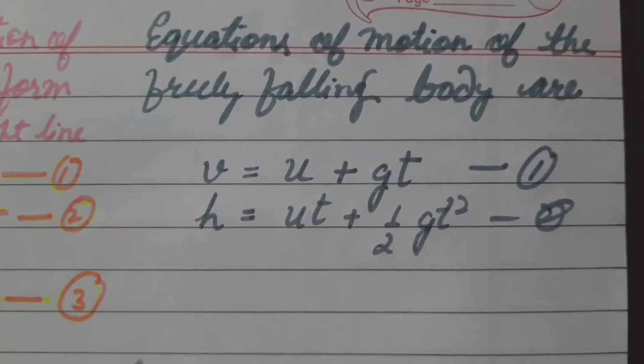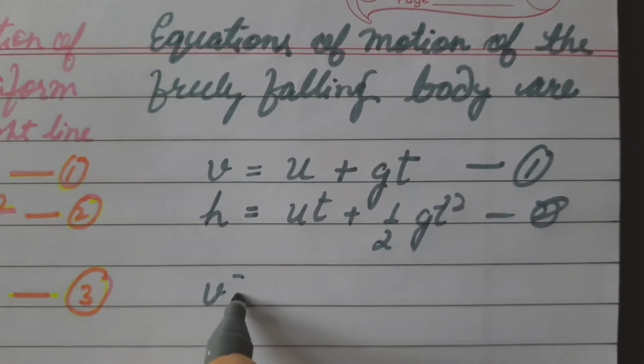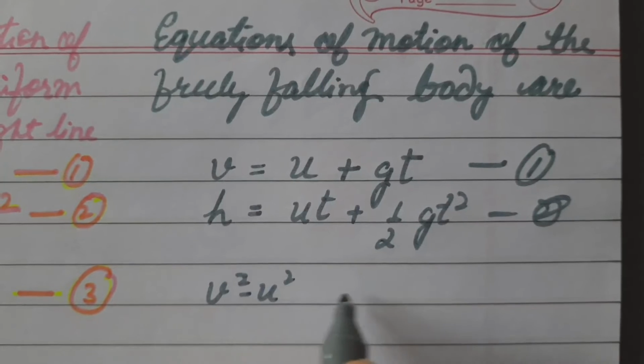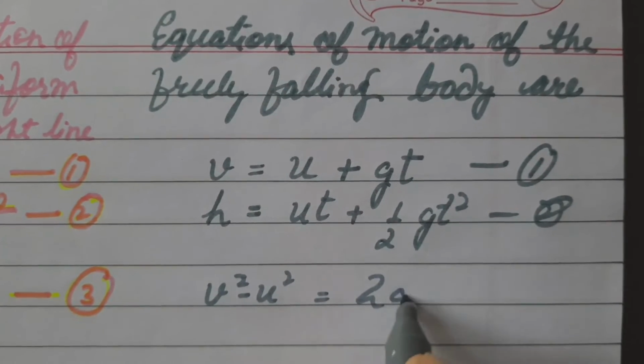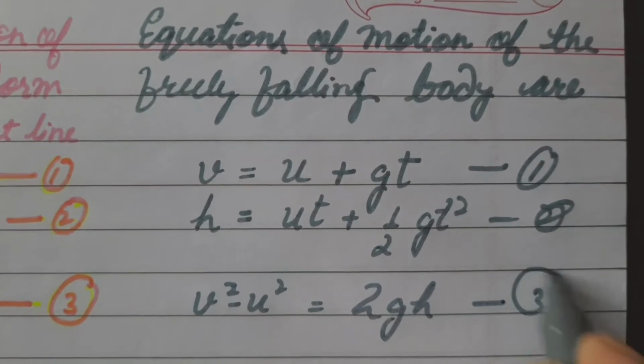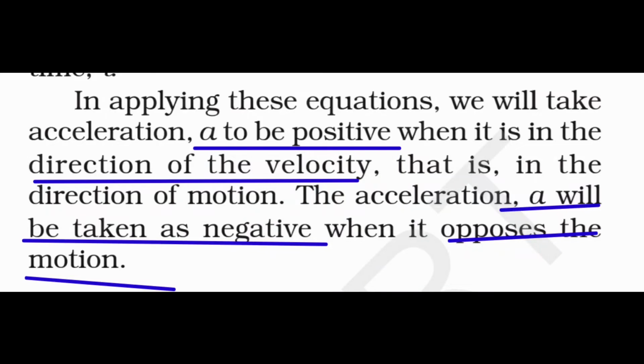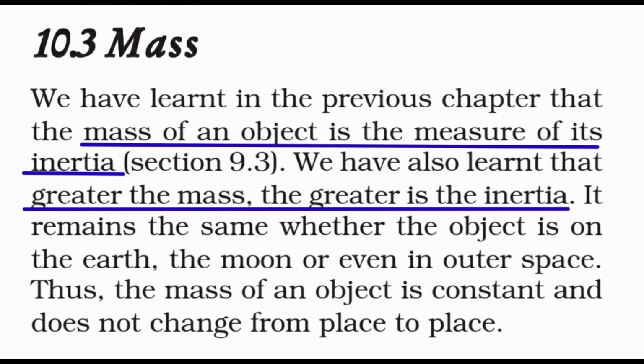Third equation, v square minus u square equal to 2gh. In applying these equations, we will take acceleration a to be positive when it is in the direction of the velocity, that is, in the direction of motion. The acceleration a will be taken as negative when it opposes the motion.